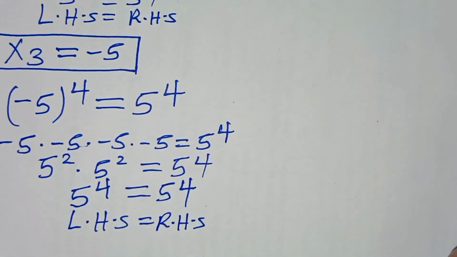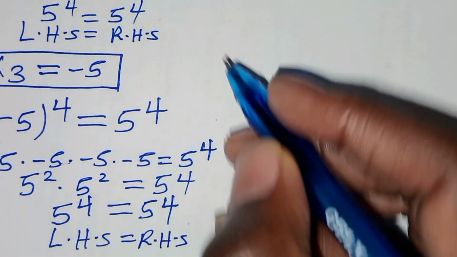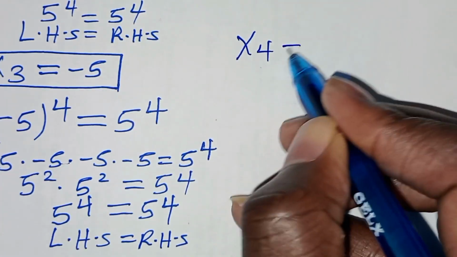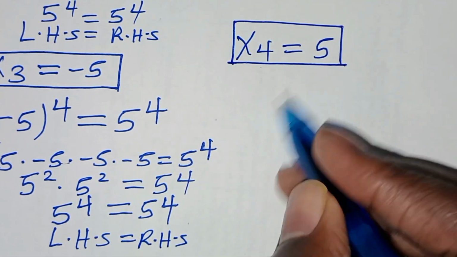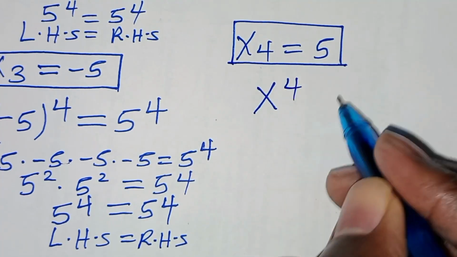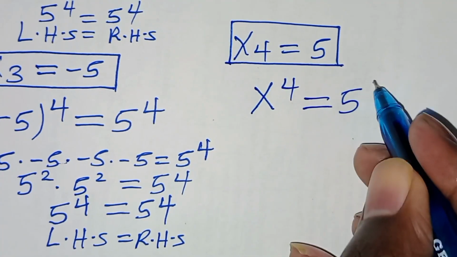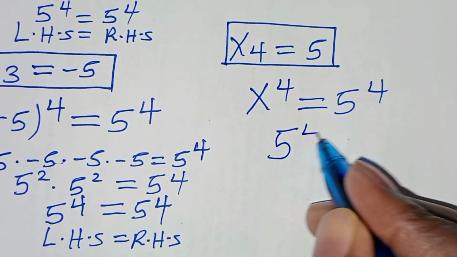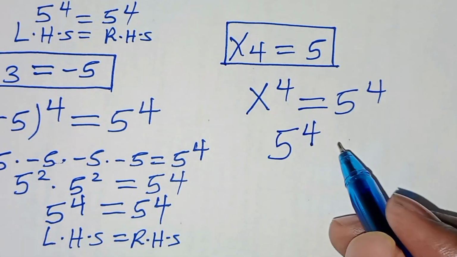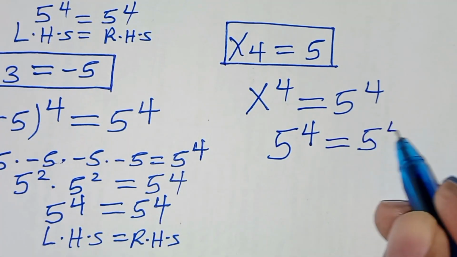So let's check x4. x4 in this case is equal to 5. So this implies that x to power 4 should be equal to 5 to power 4. Substituting x, we'll have 5 to power 4. This is equal to 5 to power 4.